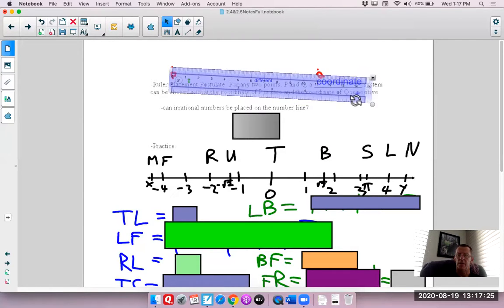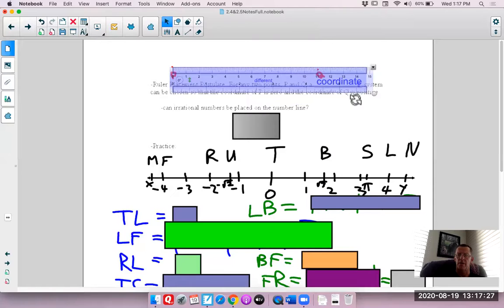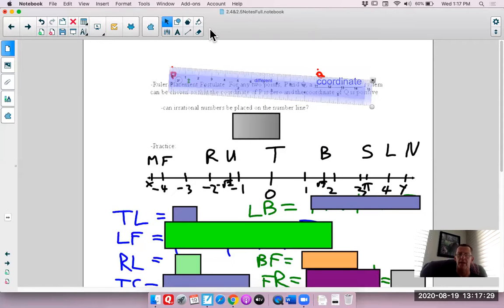No, okay, you don't want to snap into place. Let's go ahead and do it this way then. Let's move this up here and move this up there. Okay, well, anyway, pretend that point is on the number line. And you can see that it would have a positive number, right?